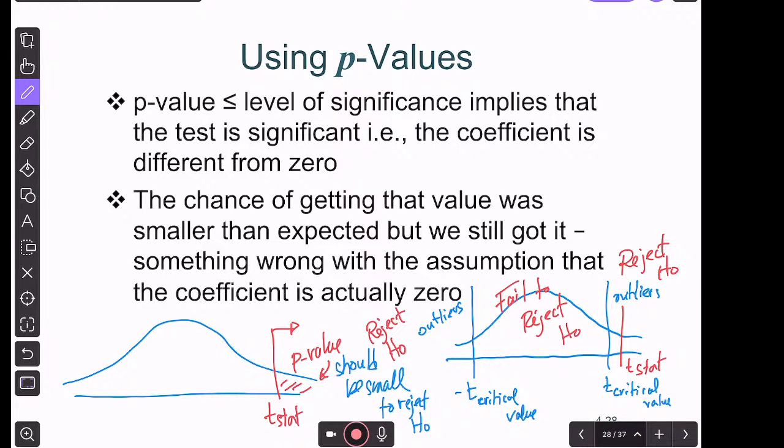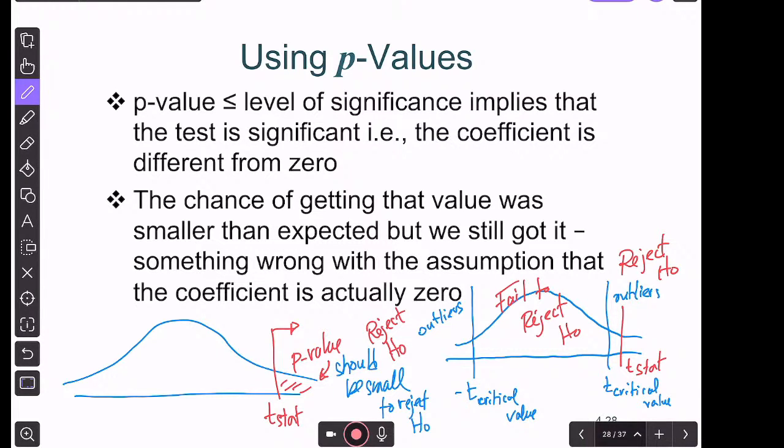It's saying that the probability of getting this result was so small, the result is so strange, it was an outlier, and for that reason there's something wrong. Assuming there's nothing wrong with my sample, there must be something wrong with what we did at the beginning. The assumption was wrong, and that's why we throw out the assumption.